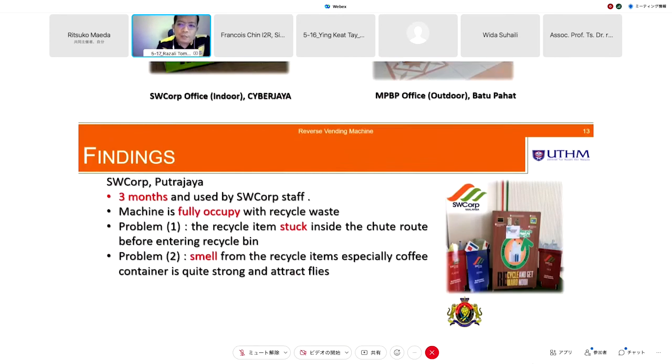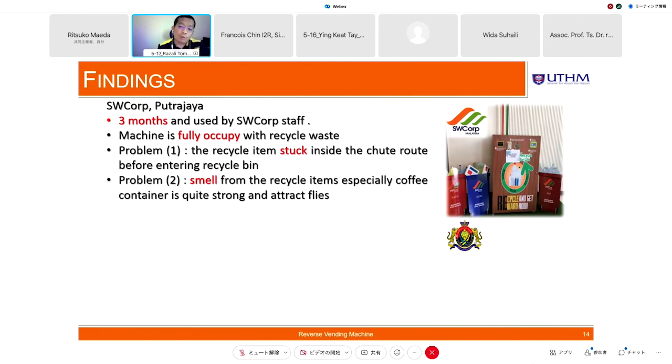This is our finding based on our machine for 3 months in Cyberjaya and 3 months in Batu Pahat. For the first prototype that we put in SW Corp Cyberjaya, most of the time the machine was used by SW Corp staff, and it was quite freely occupied.